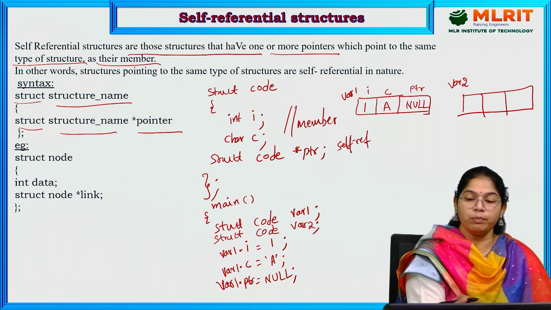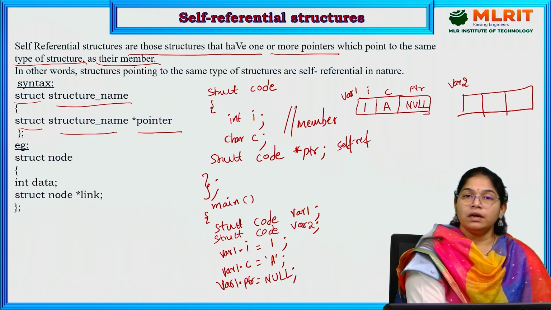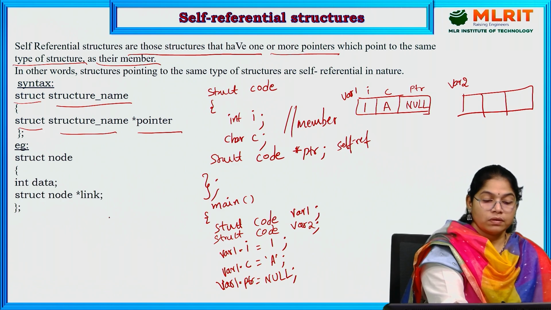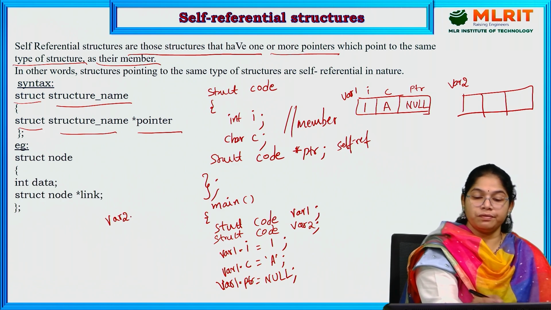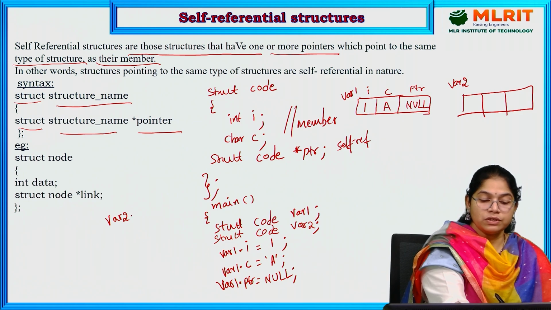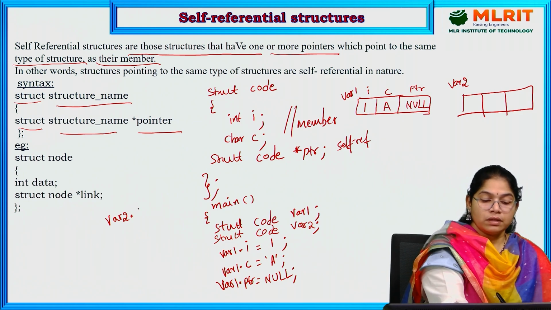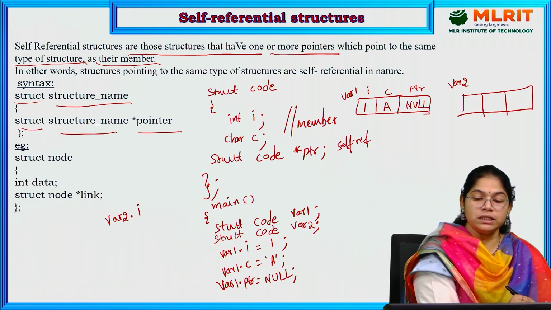So I have provided the values to variable 1. In the same way I am providing values to variable 2 also. To access the members of the structure we need the dot operator. It also has the members i, c and ptr.